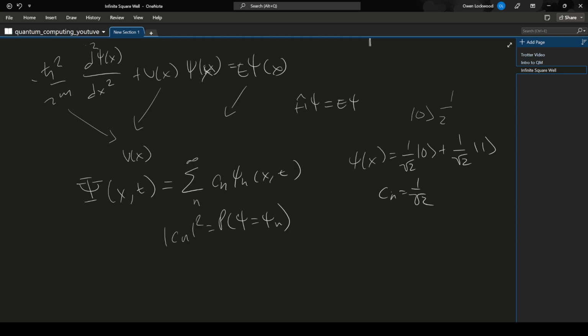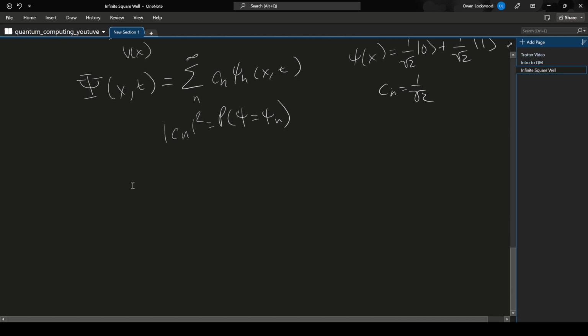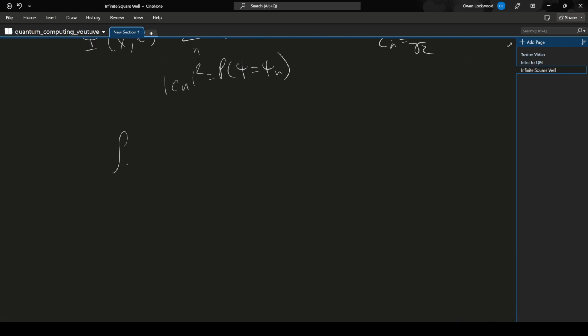And we can also see that this can be revealed if you solve the integral out from negative infinity to infinity of psi n and psi m star dx.